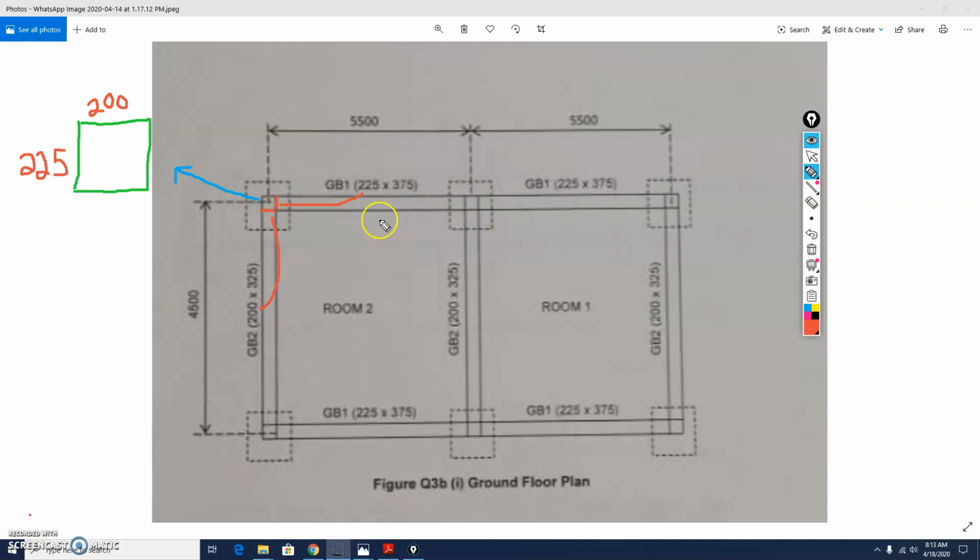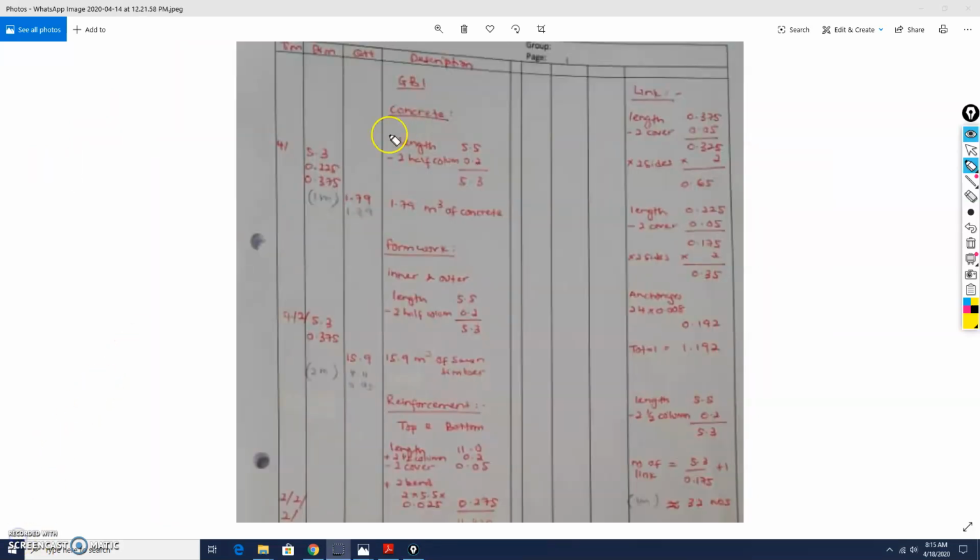And then for the timesing, it will be 4 because you have 4 GB1, first, second, third, and fourth. And in the dimension, you also need to put the value of the breadth and the value of the depth. This is the answer. So for timesing, it will be 4.